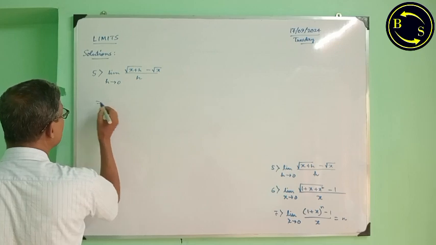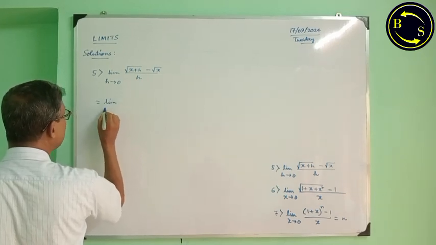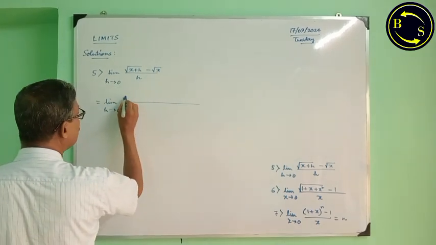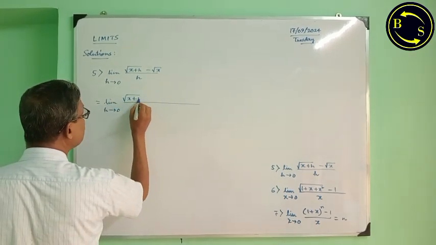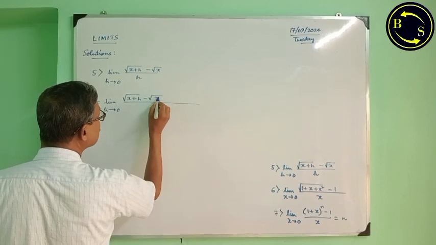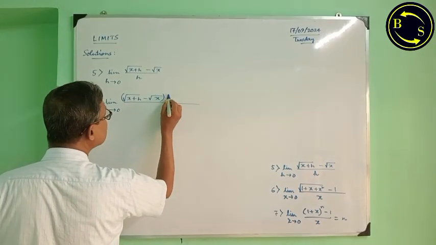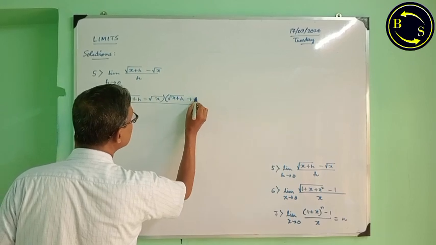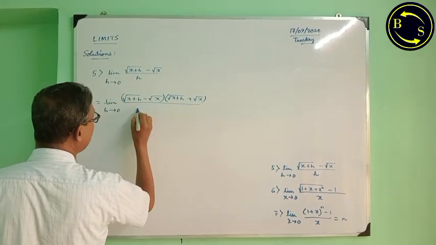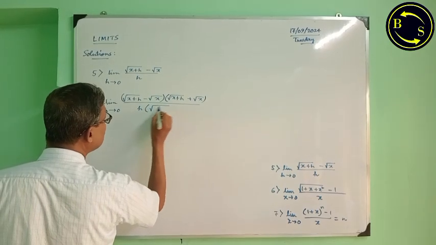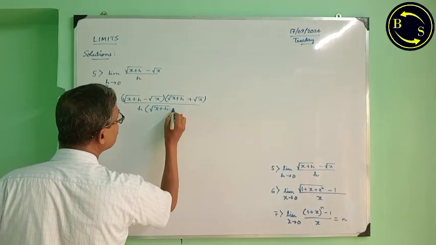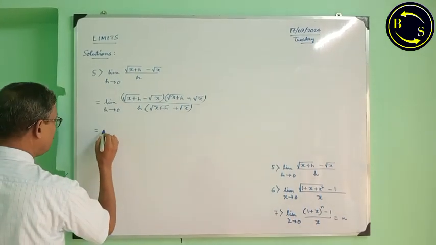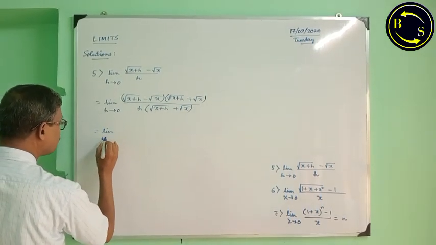Hence this is equal to limit h tends to 0, root over x plus h minus root x. Here the rationalizing factor is root over x plus h plus root x, over h into root over x plus h plus root x. Limit h tends to 0.